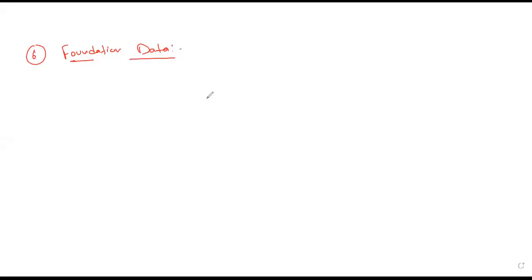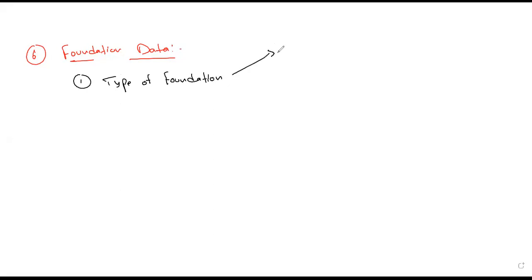Okay, so foundation data, right? What things come under the foundation data? The first one is related to the type of foundation. What type of foundation is suitable for that particular location?